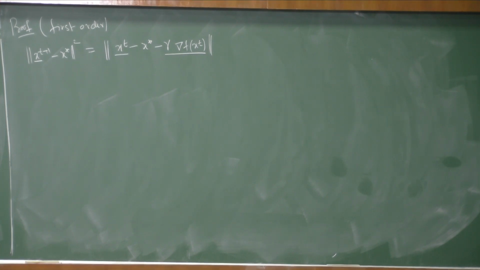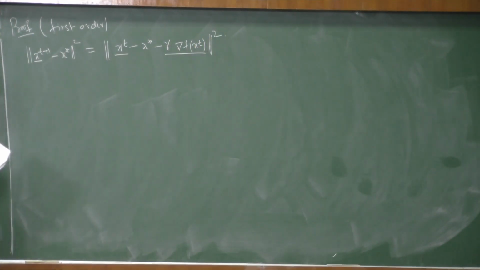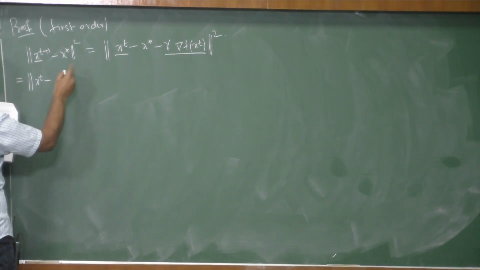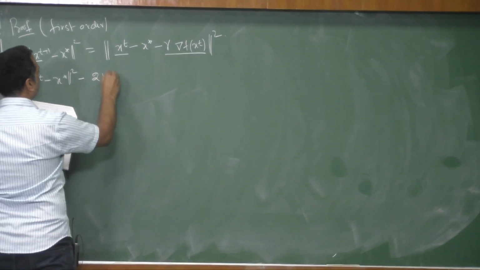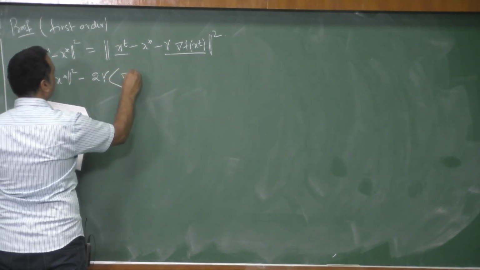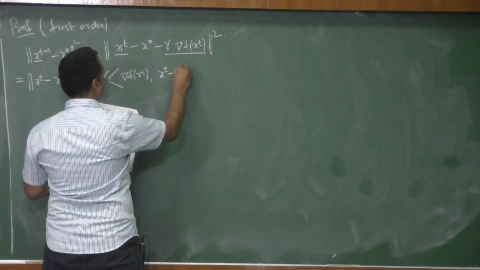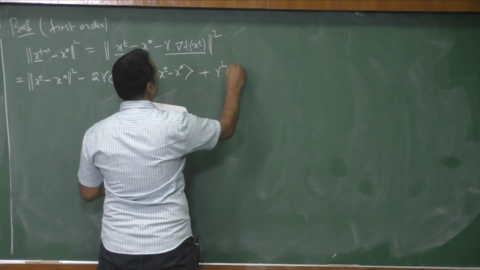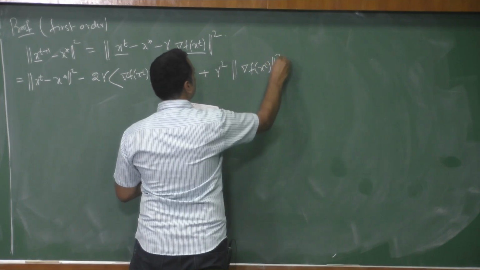Then we will expand this. This is a square here, so we apply the (a plus b) whole square formula. This is the norm of x(t) minus x star squared, minus 2 gamma times the inner product of grad f(x(t)) and x(t) minus x star, plus gamma squared times the norm of grad f(x(t)) squared.